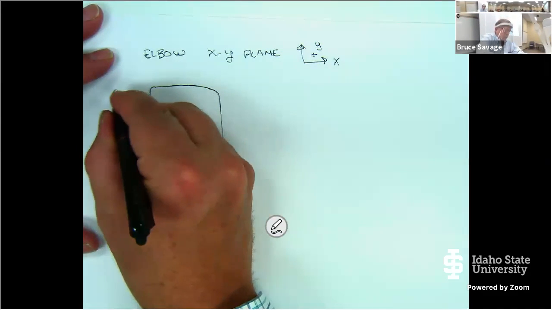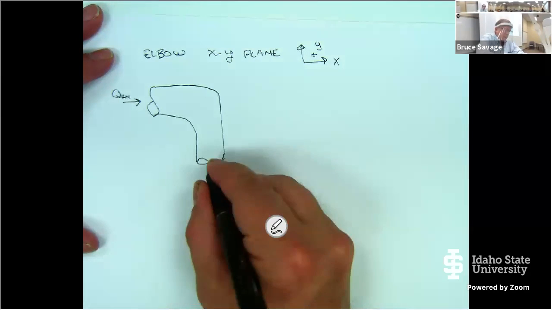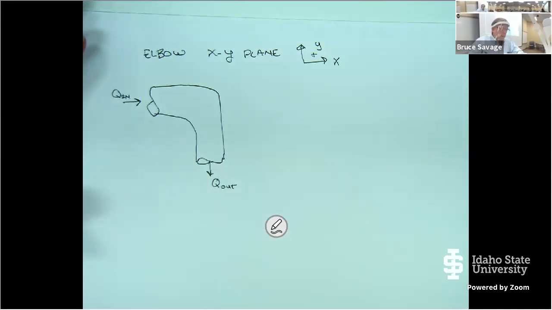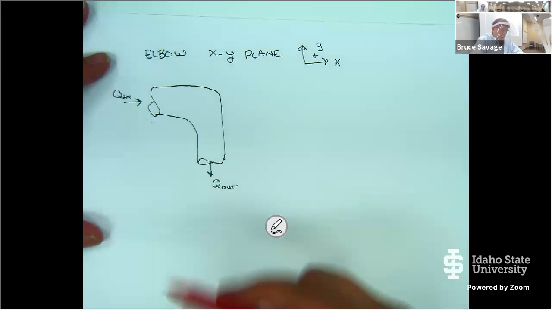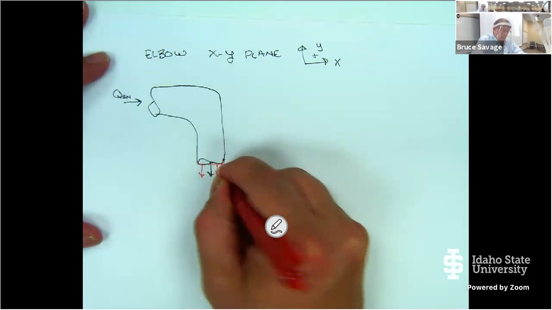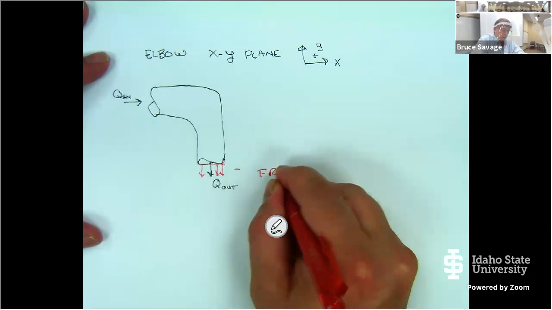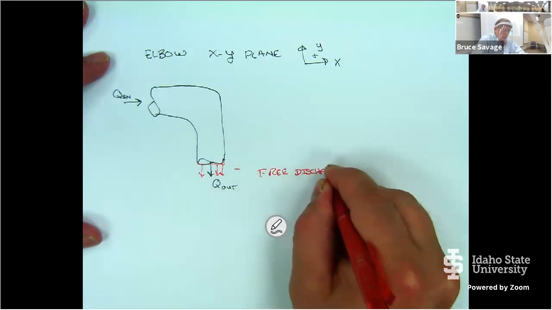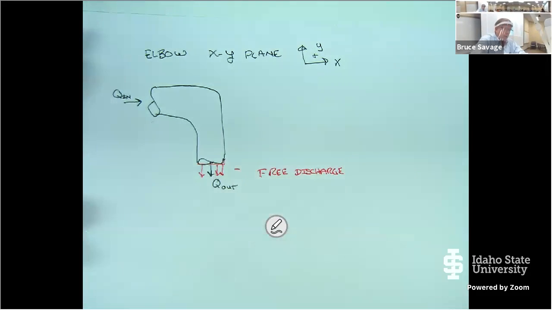I got flow coming in here, so Q in and Q out. And let's add a little bit to this. Let's say that Q out is free discharge. So it's shooting just out in the atmosphere, okay?